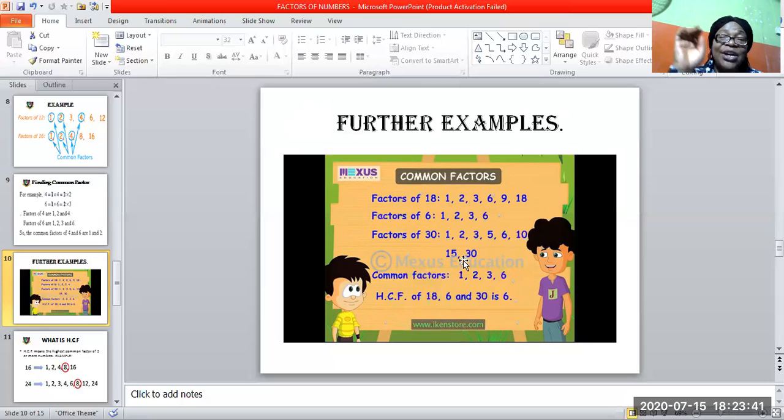Now, to find the common factors means we should be able to locate a number that is repeated in the other numbers. We should be able to find a factor that runs through all three numbers, 18, 6, and 30.